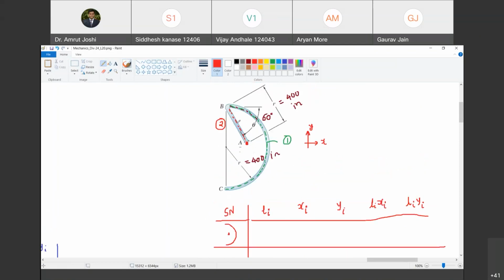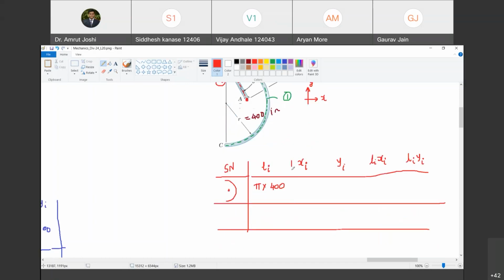Now, what is the length of this semicircle? 2 pi r is the perimeter of the entire circle. So what is the perimeter of the half circle? Pi r. Happy? Yes, sir. So I am going to write it as pi multiplied by r. What is r? 400. Happy? Yes, sir. So write this down.